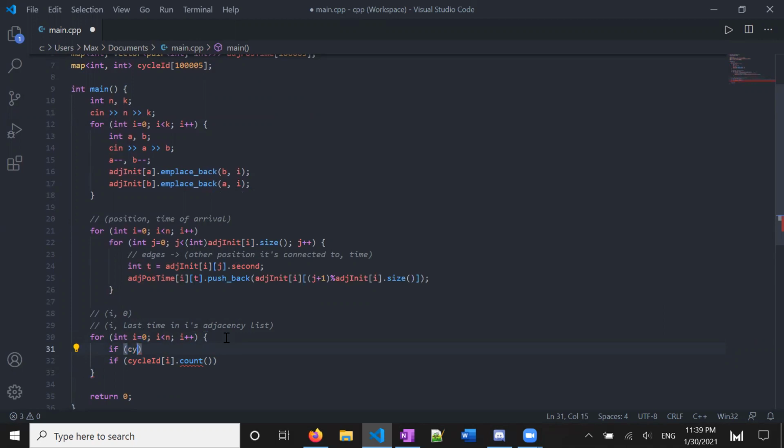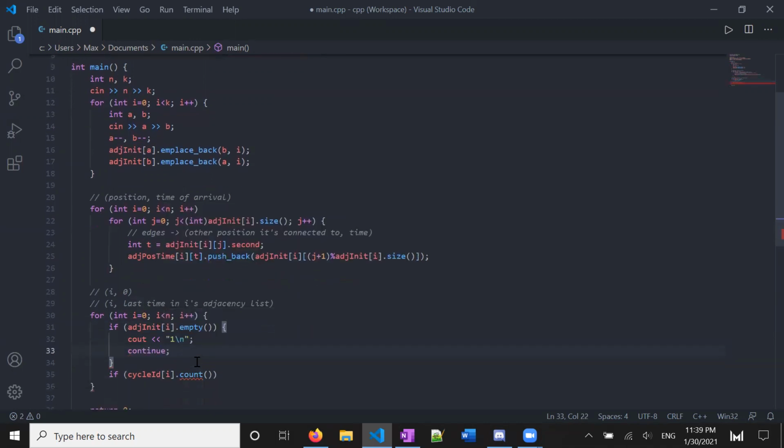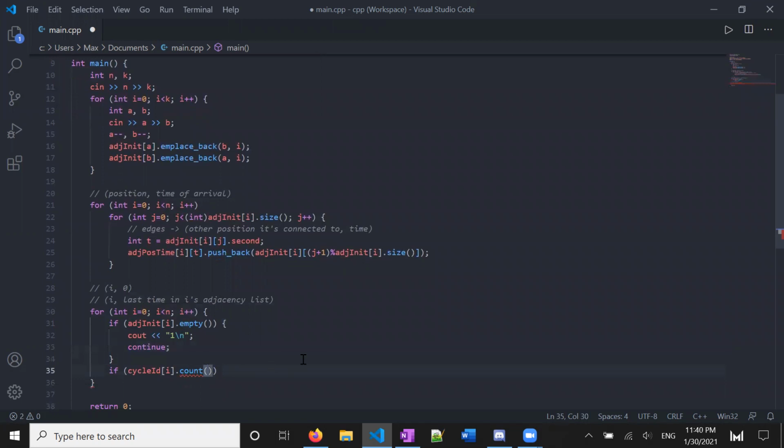So if adjacency of I is empty, then I'm just going to print 1. Otherwise, if this node has not already been computed as part of some cycle, so it doesn't have a cycle ID, the time is going to be the last time.